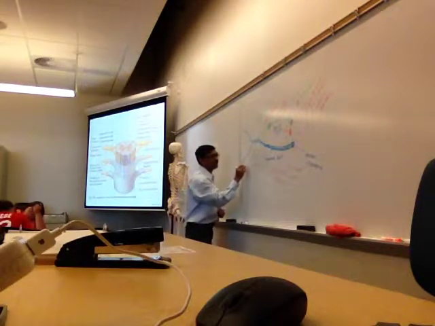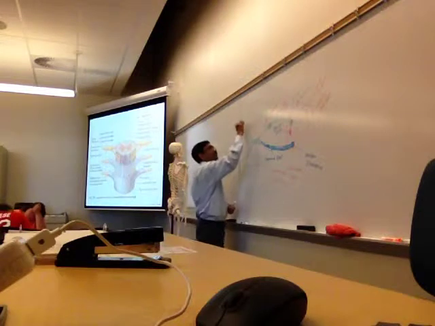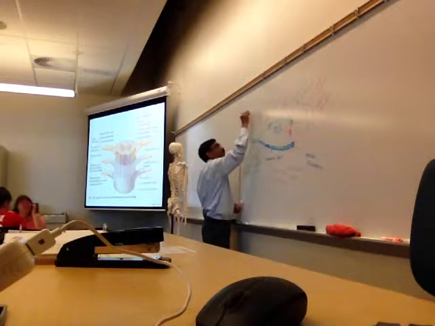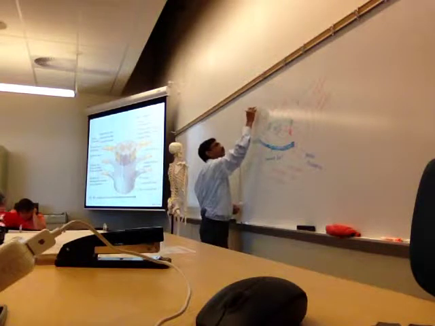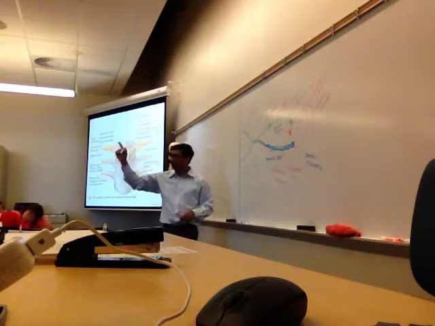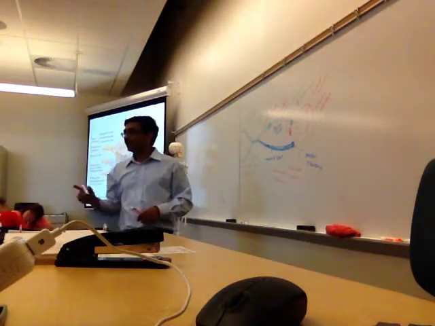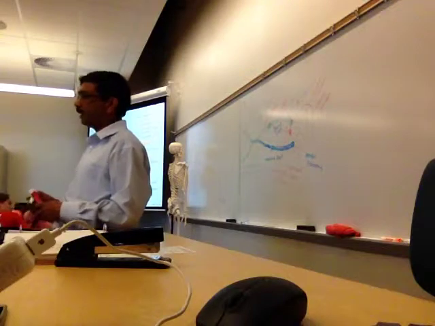This is the ventral ramus. This is the dorsal ramus. Ramus is singular. If you indicate one, that is ramus. If you indicate both, rami. R-A-M-I. Okay.